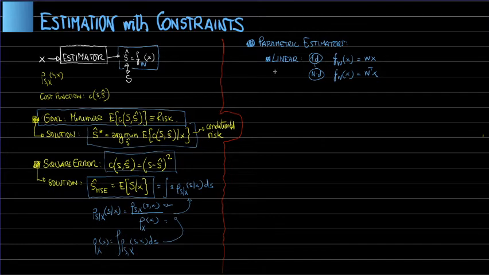Okay? We can also have polynomial estimators. In the one-dimensional case, a polynomial estimator uses a function of the observation, which is a polynomial, with a given degree. For instance, for degree n, it would have this form.